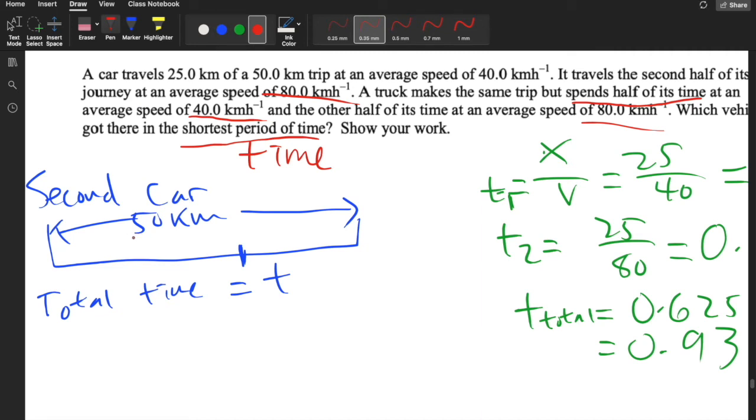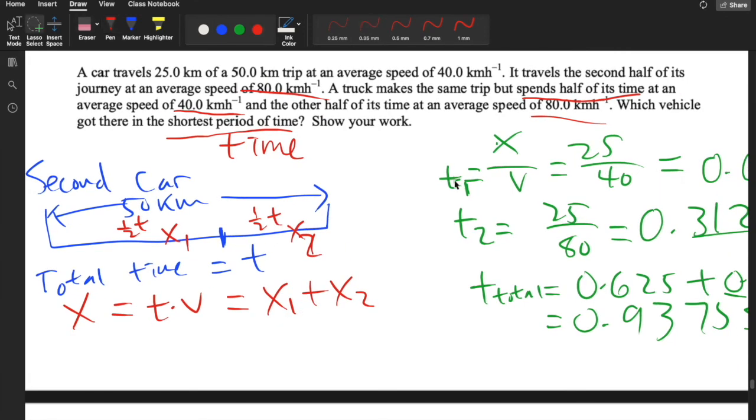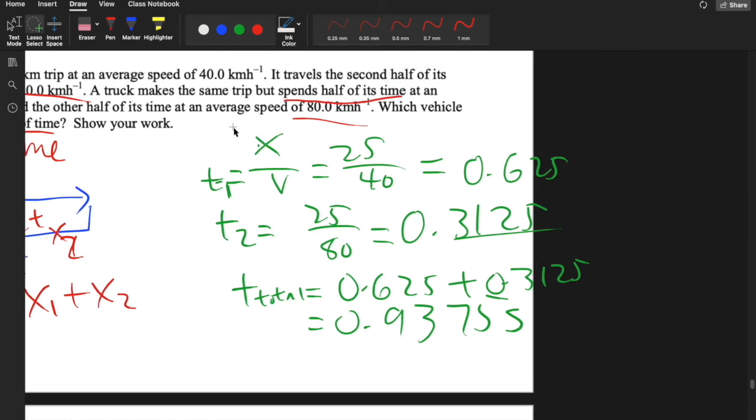So here it will take 1/2 t, and here it will also take 1/2 t. So how can we write out an equation based on the conditions we know? Well, we know displacement is equal to time times average velocity, right? And here in this question, let's say here's x1, here's x2, which is equal to x1 plus x2, right? So how can we express x1 and x2?